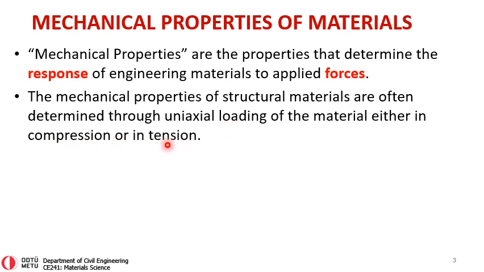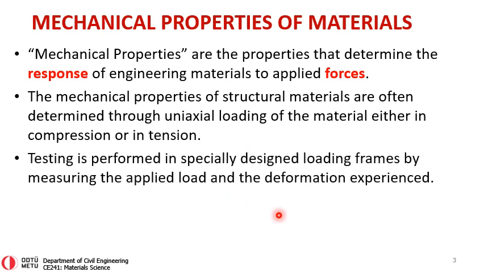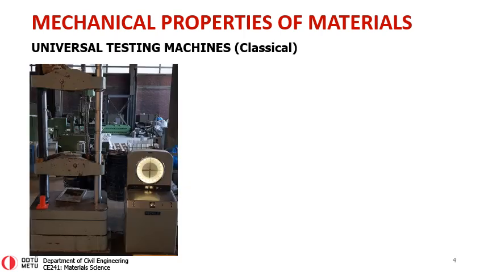Therefore, whenever we are trying to learn the mechanical property of a material, we often subject that material to either uniaxial compression or uniaxial tensile stresses. And the testing is performed in specially designed loading frames by measuring both the applied load and the deformation experienced when the material is subjected to those loads.